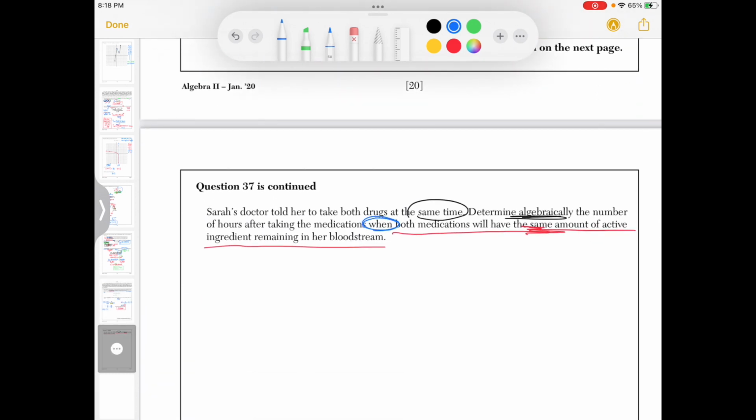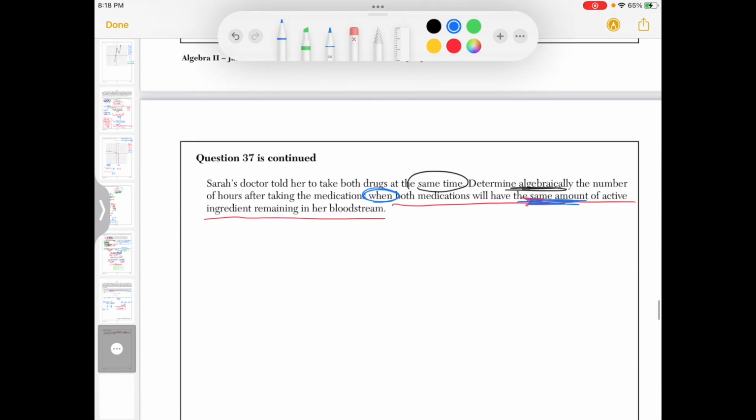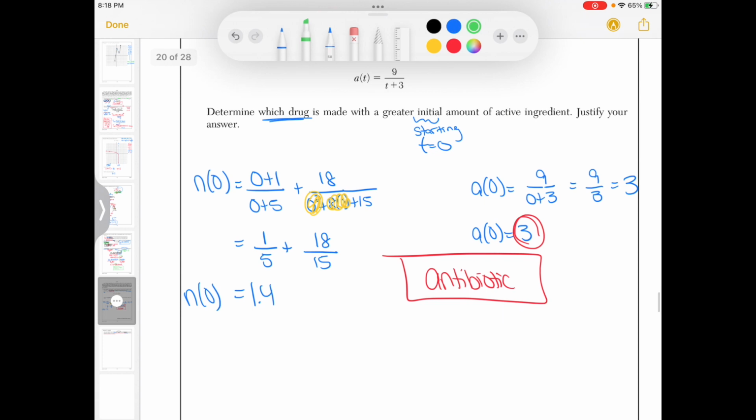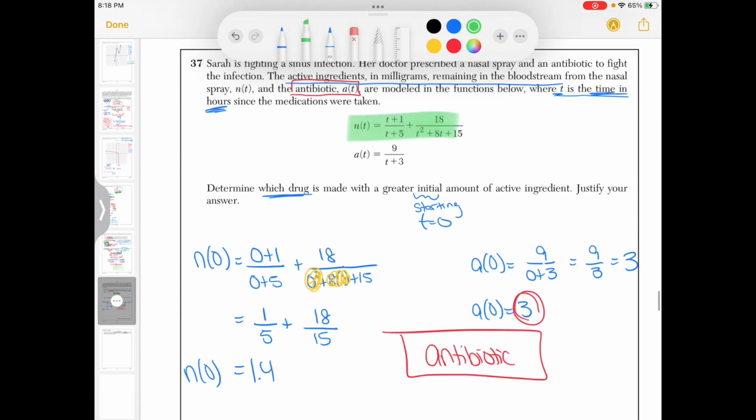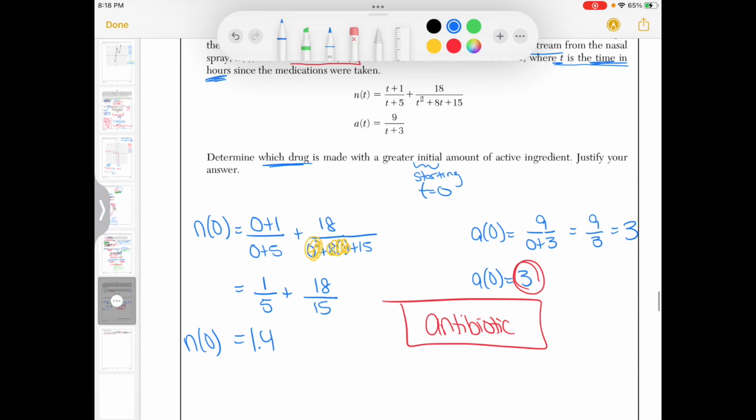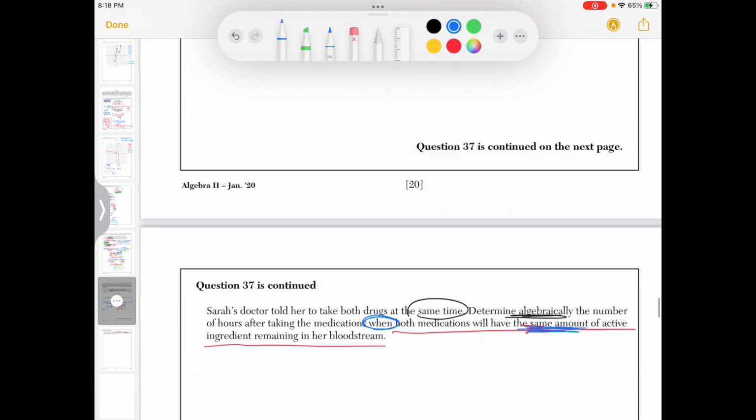This question is asking me to find out when both medications will have the same amount of active ingredients remaining in the bloodstream. If this equation represents the nasal spray, this one represents the antibiotic, and I have to find out when they're the same.